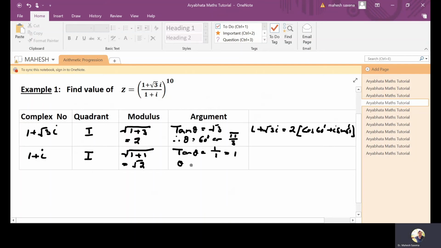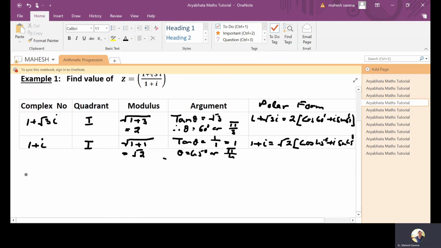Therefore, theta is equal to 45 degree or pi by 4. Its polar form will be, 1 plus i can be written as root 2 (cos 45 degree plus i sin 45 degree).